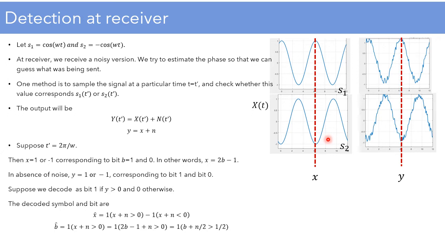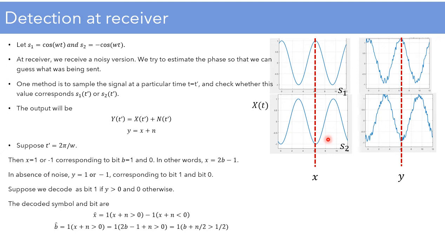And suppose I choose t dash equal to 2 pi by omega, which is like the end of the first wavelength or first time period. So at that time, this is exactly how I marked it here. At the end of the first time period, if S1 was sent, you should get a signal close to 1, and if S2 was sent, you should get a signal close to -1.